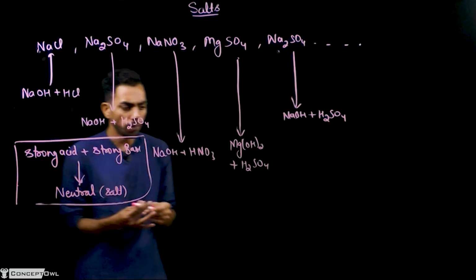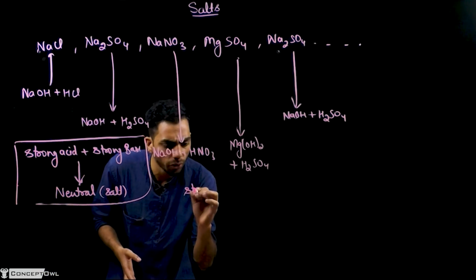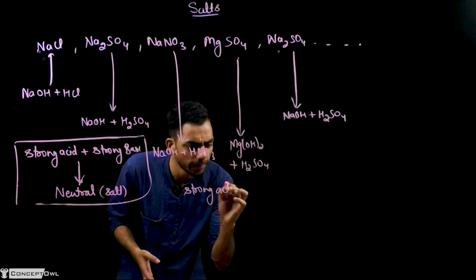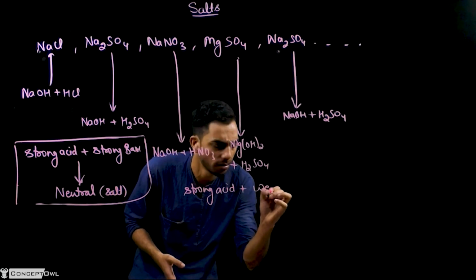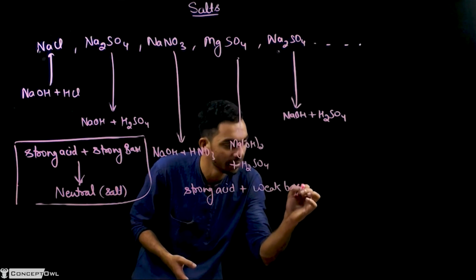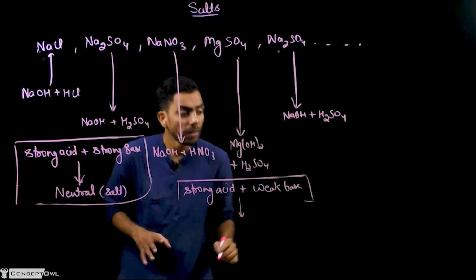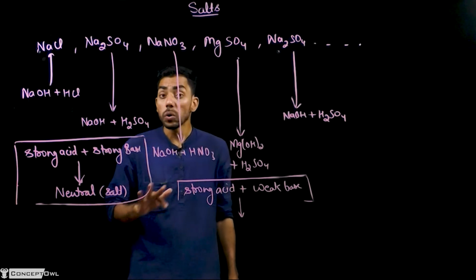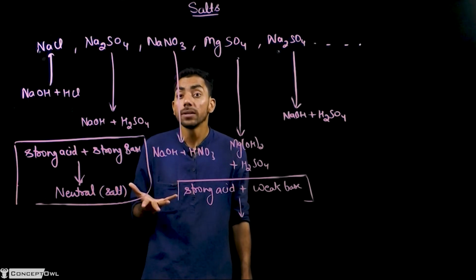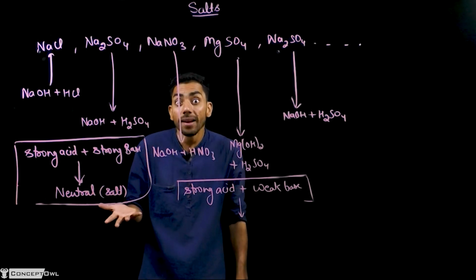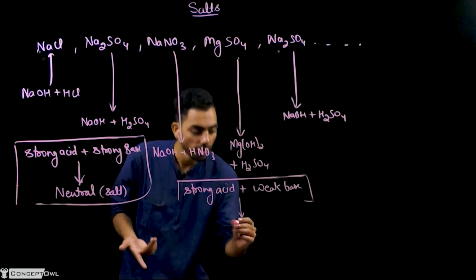Now, there is a possibility that you are reacting strong acid with weak base. Yes, that is possible. And in this case, the weak base will not be able to neutralize the acid completely. So your salt will be acidic.